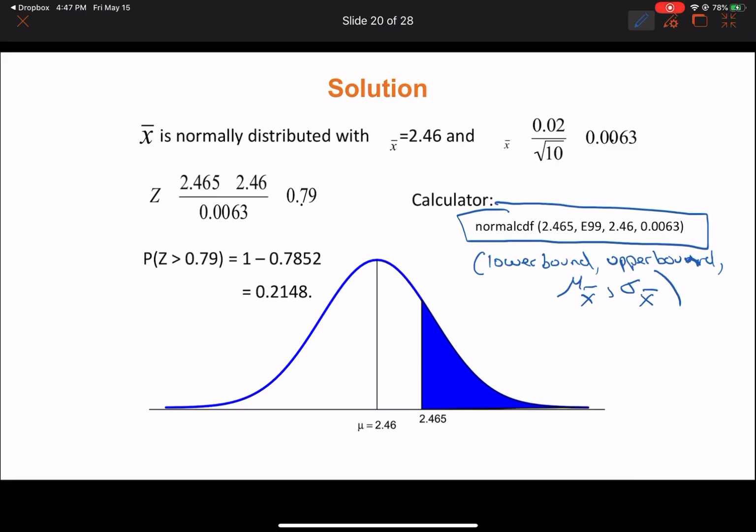Let me see what happens. I didn't actually check this. 6.5, comma. Okay, whoops. I ended up with 0.2137.